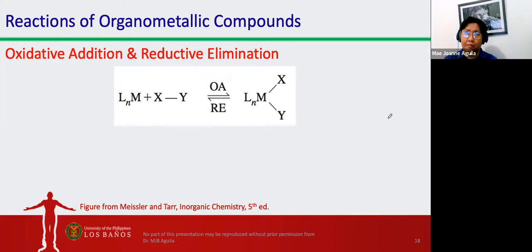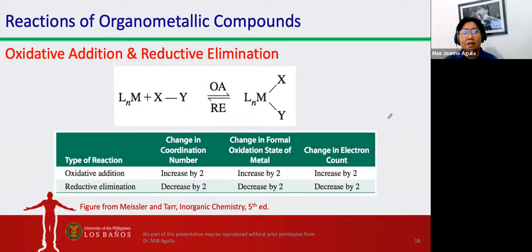By the term, the addition of XY results in the metal being more oxidized, and the removal of XY from the coordination of the metal when you go from right to left is reductive from the point of view of the metal. These are some changes that occur if you consider the coordination number, the oxidation state of the metal, and the electron count. For oxidative addition, all of these increase by 2. For reductive elimination, all of these decrease by 2.